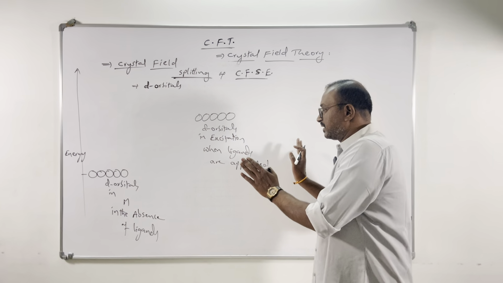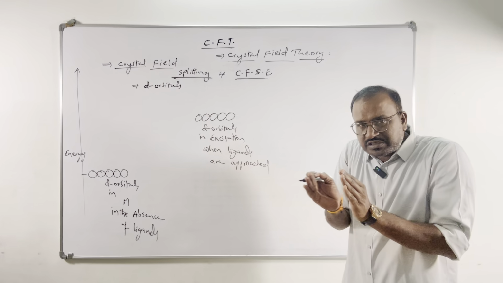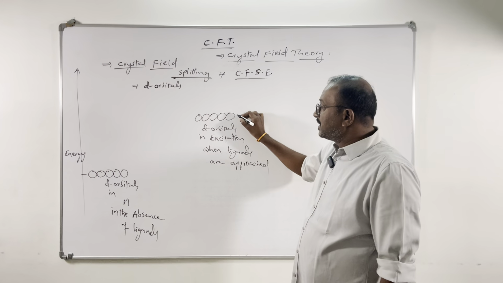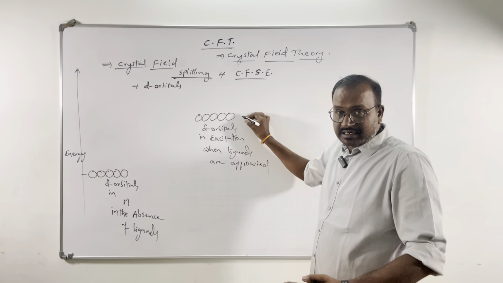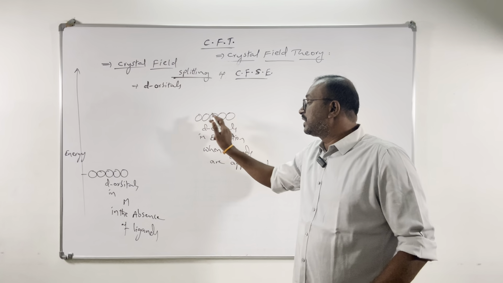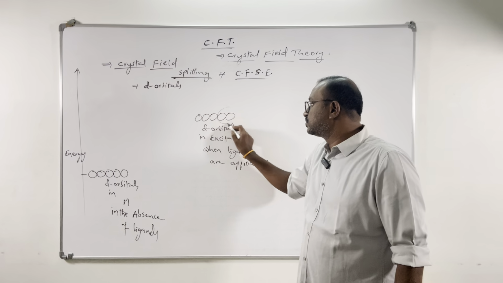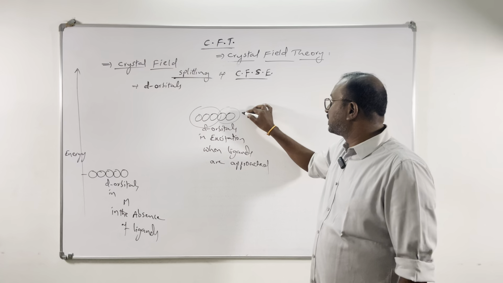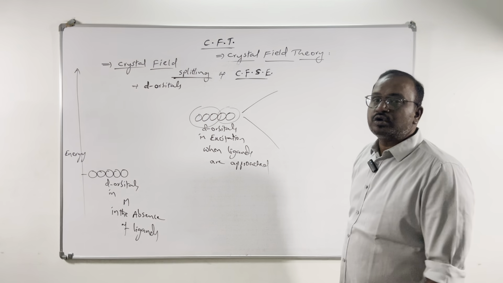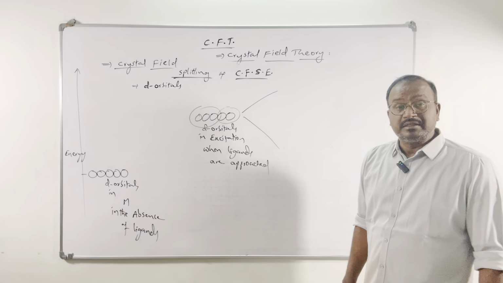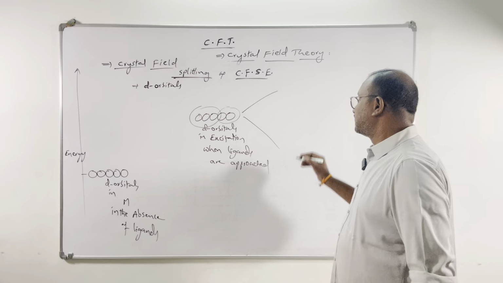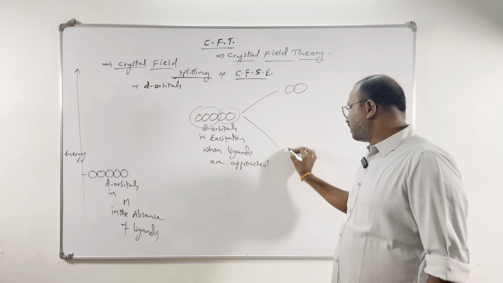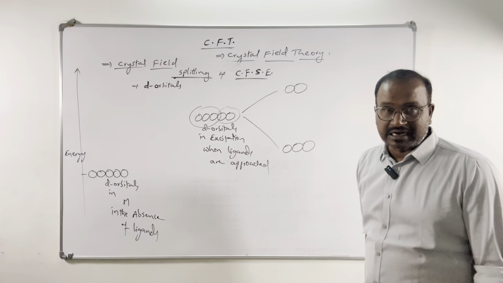So after approaching, when they come close together, by this over-excitation and by the different orientation of these 3 orbitals and these 2 orbitals, they split into two groups. In octahedral complexes, the splitting will be present like this.